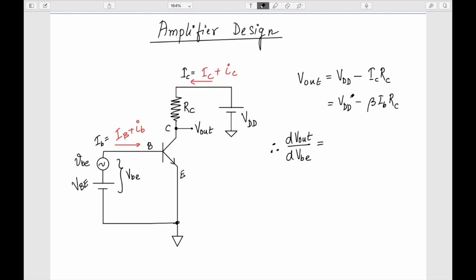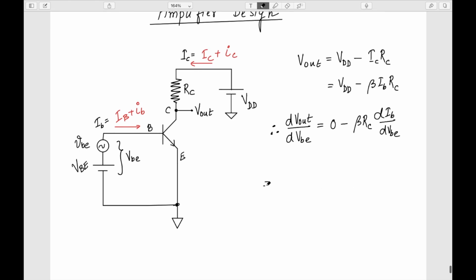So this will become 0 minus, I have beta RC, which is basically constant, and dIB by dVBE. So this implies dV out by dVBE is equal to minus beta RC dIB by dVBE.